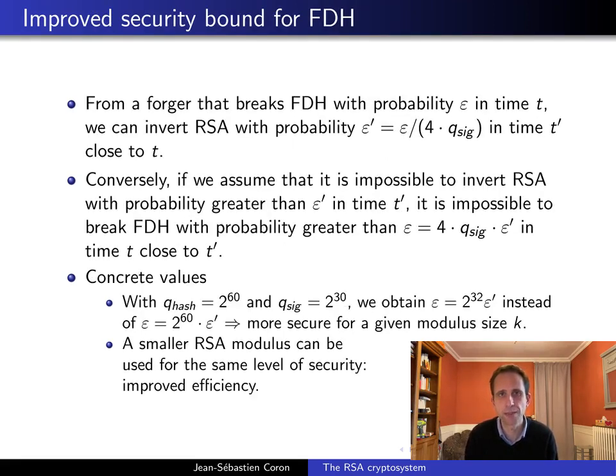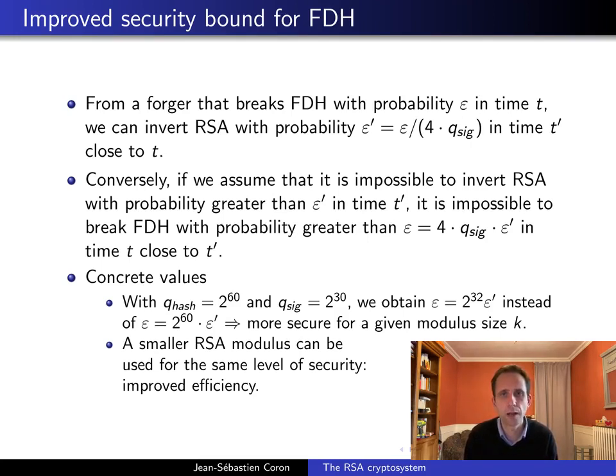So as previously, we obtain that if we have a forger that breaks full domain hash with probability epsilon in time t, then we can use this forger to invert RSA with probability epsilon prime equals epsilon over 4 times qsig. Here I have replaced the exponential 1 by 4.